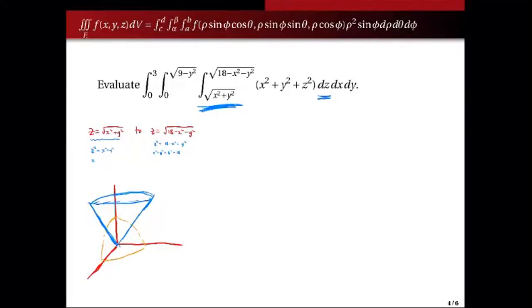So you want your z to run from the portion of the cone until that portion of the sphere. So in here, this is that portion of the sphere. It means that you have the sphere as the roof of your solid.